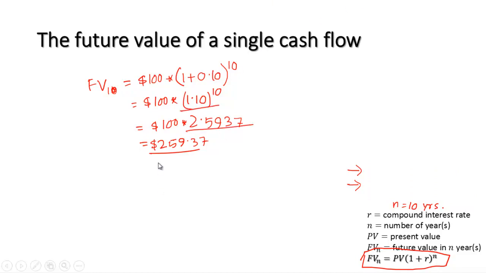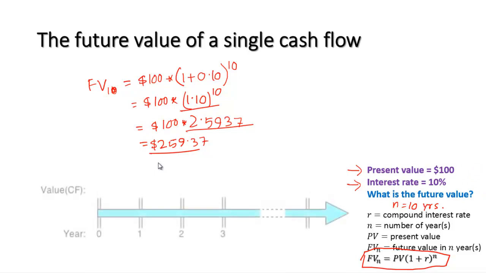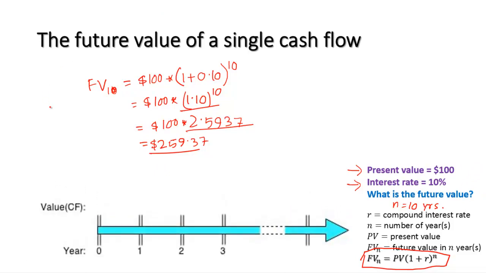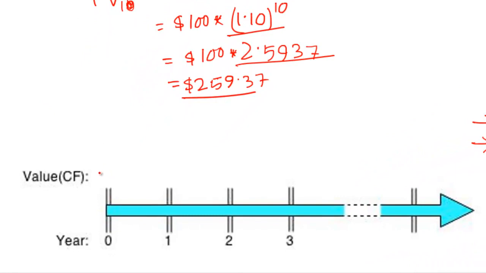So let us try to visualize again using the cash flow timeline. In this case our present value is $100, and we are trying to find out the future value after 10 years. So let me write 10 here.